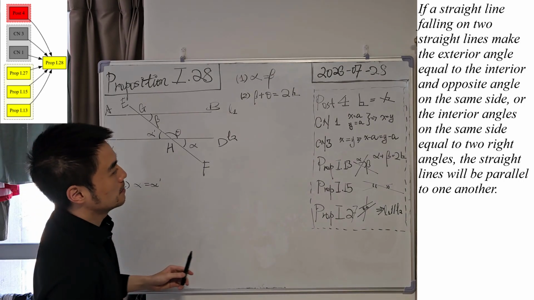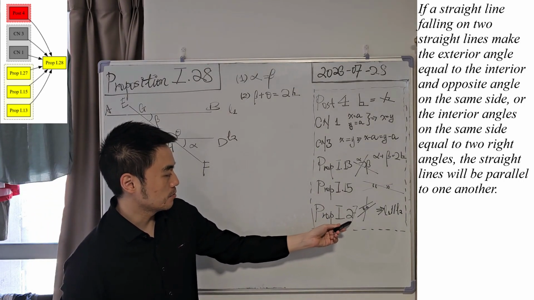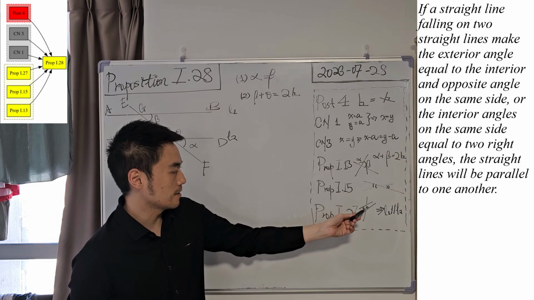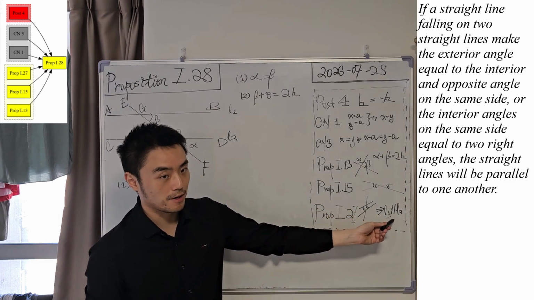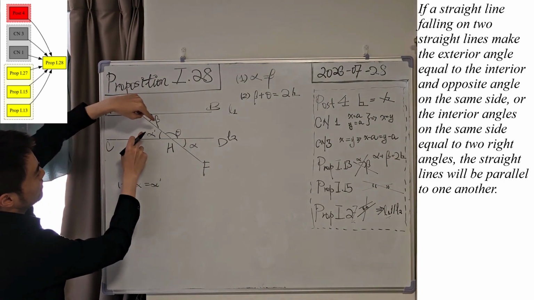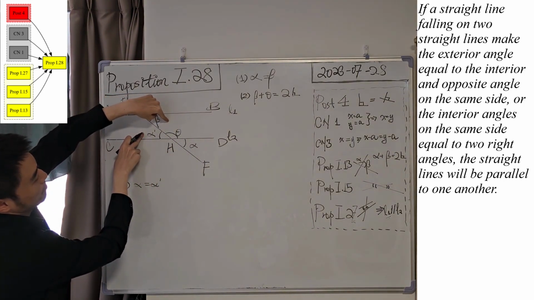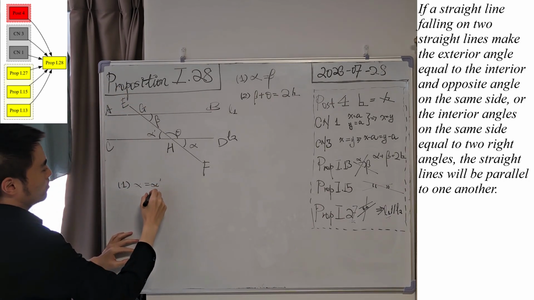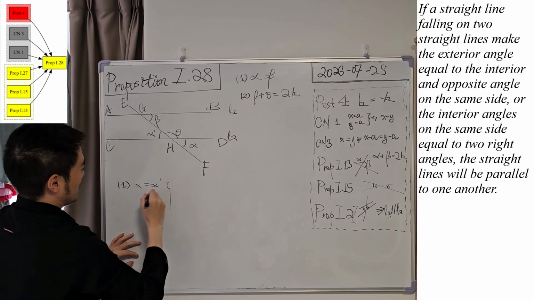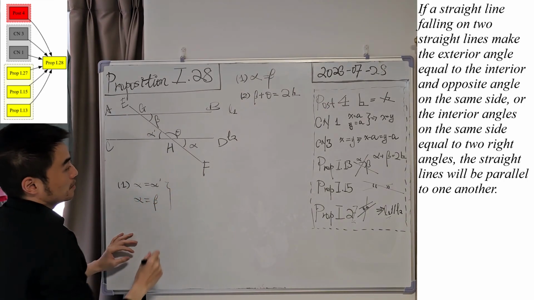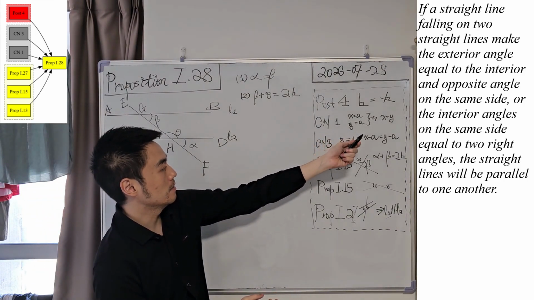And recall proposition 27. If the alternate angles are equal, then the two lines are parallel. So we see that alpha prime and beta are two alternate angles. They are equal because we know that alpha equals beta, and we can apply common notion one.